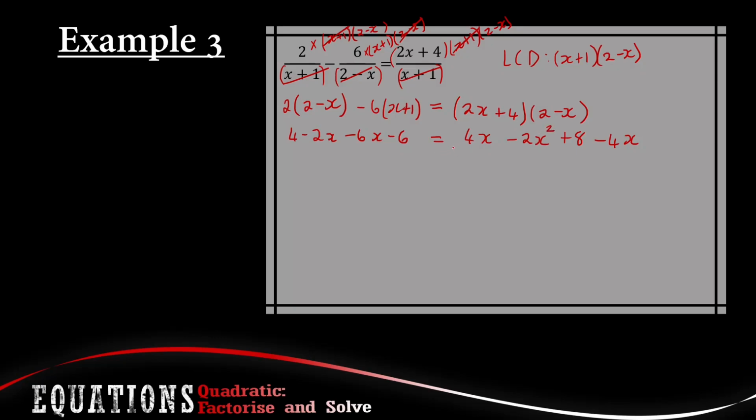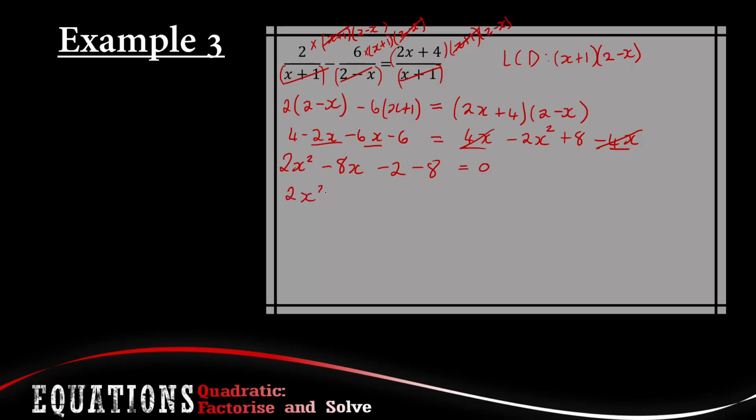Alright, and then we are going to take everybody to the one side. So this goes over to this side and changes sign, becomes 2x squared. Then everything that has an x in it, obviously these two will add up to 0, so we don't have to worry about them. Minus 2 minus 6 is negative 8x. Then 4 minus 6 is minus 2, and then this comes over and becomes minus 8 equals 0.